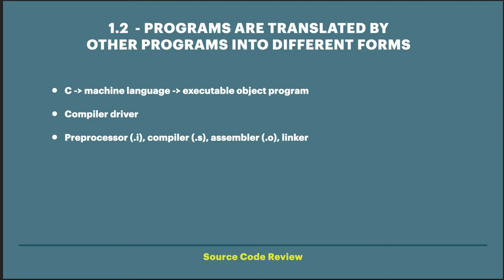Then it gets to the assembler, and then the assembler turns it into object code. Let me mention this: the compiler will turn it into assembly language. And assembly language is basically machine language, being ones and zeros, however, in a human readable form. What does this mean?